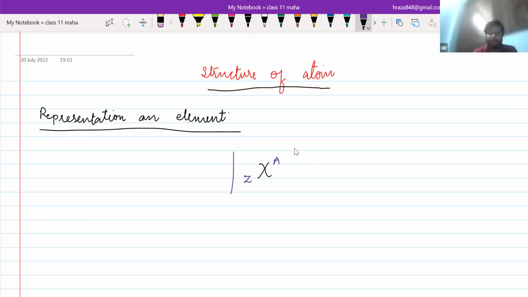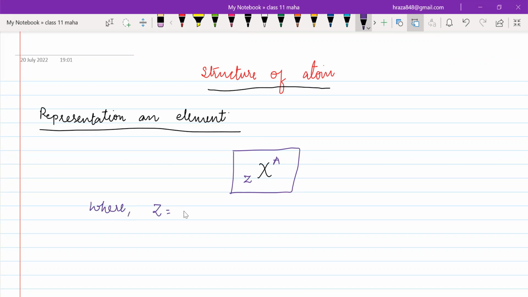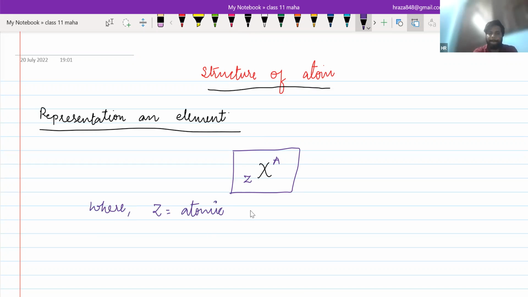Are you aware of Z and A? What is Z and what is A? Z is atomic number and A is mass number.